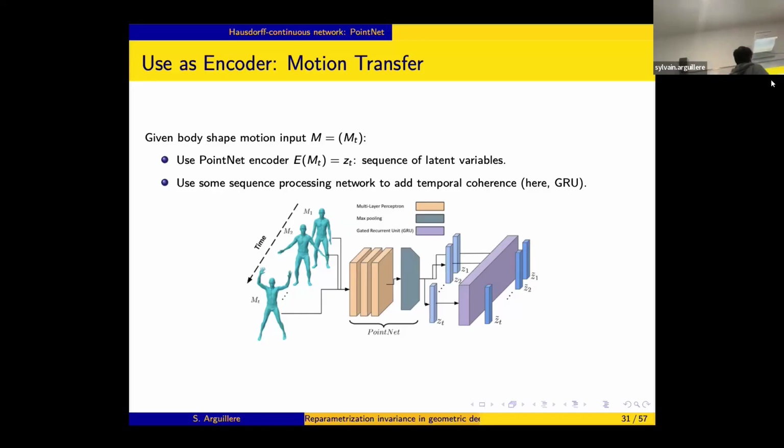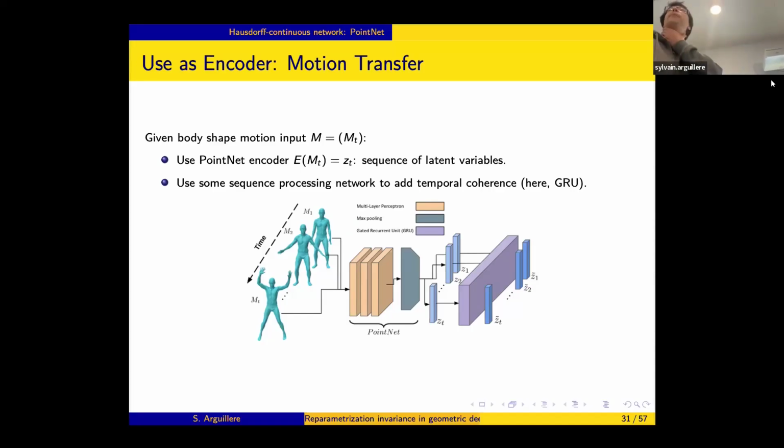For motion transfer, where we had a sequence of motions that we wanted to transfer onto a template mesh, to encode the motion and get the global part of the encoding, we just put each of the shapes during the motion through a PointNet encoder. That gave us a sequence of latent codes that we could then apply and put onto our surface.